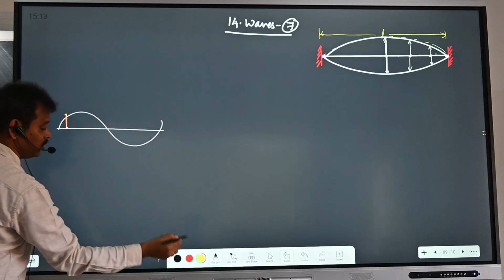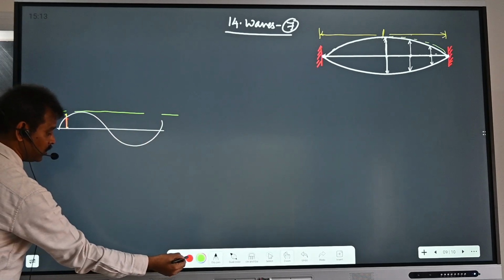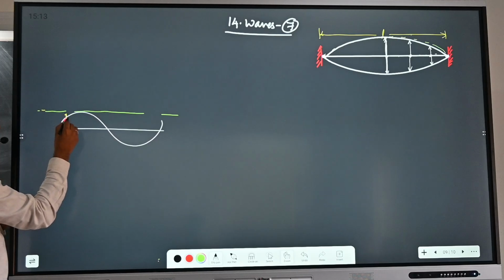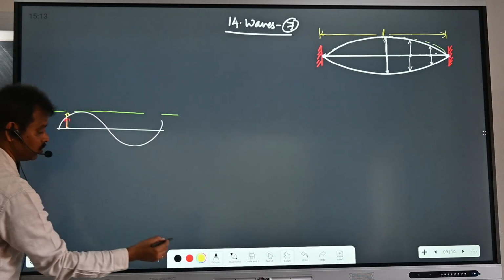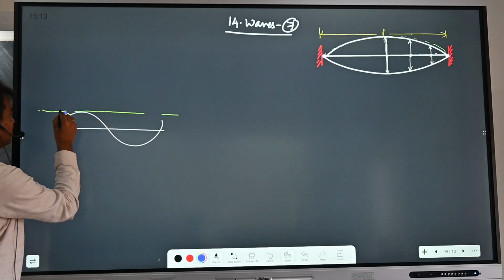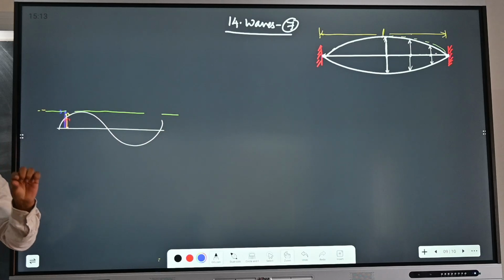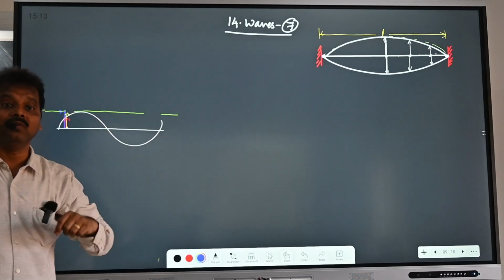But the maximum value is fixed. So now at present this is 1. After that it can go up to 2. After that it can go up to 3. So this particle will get a chance to reach maximum displacement. In which way?